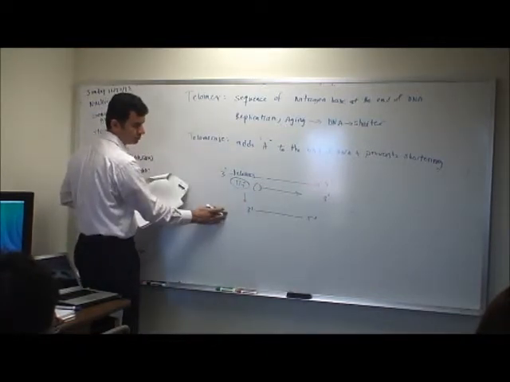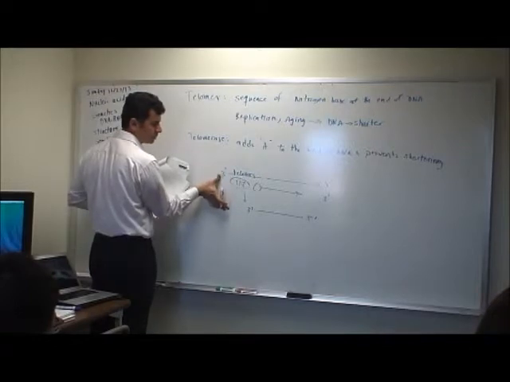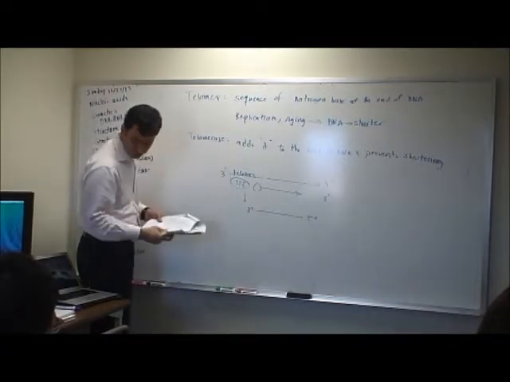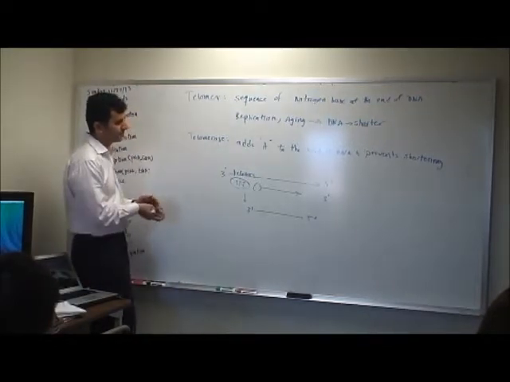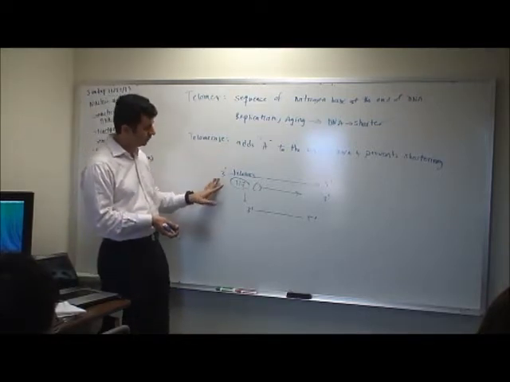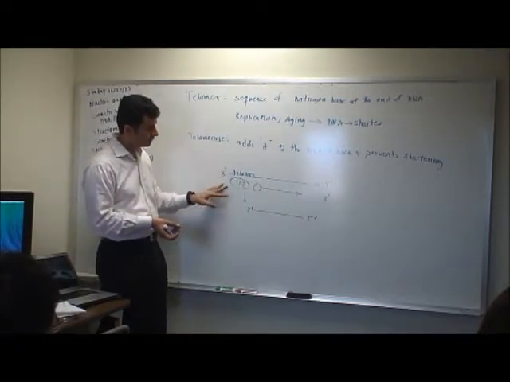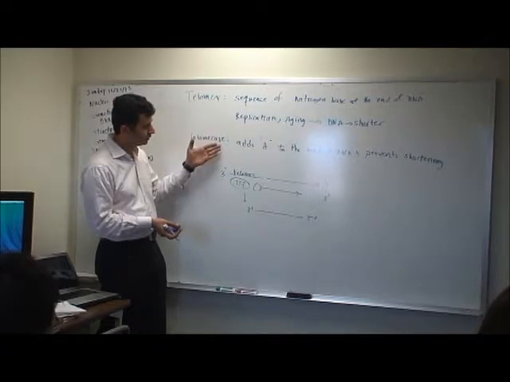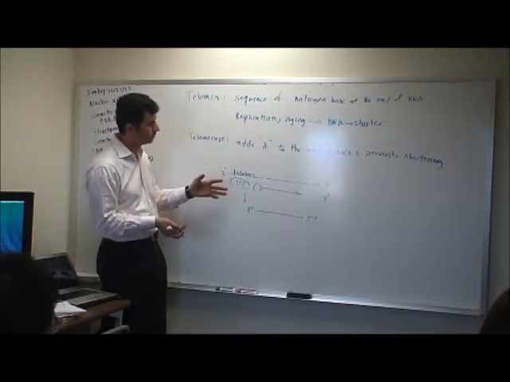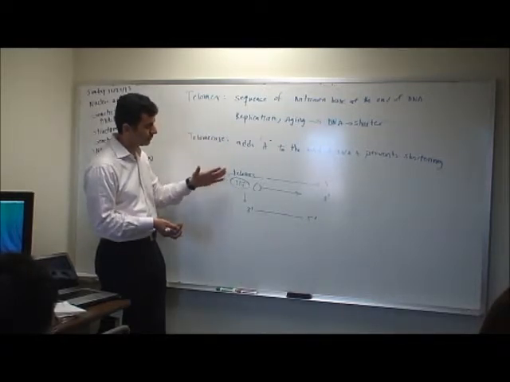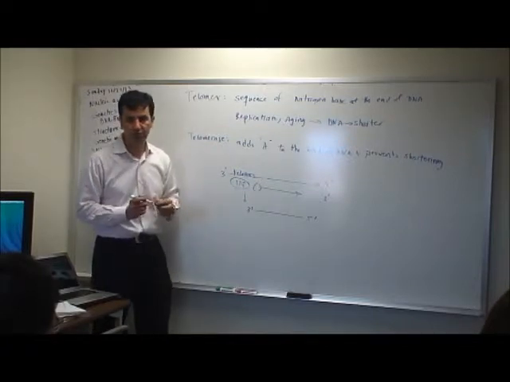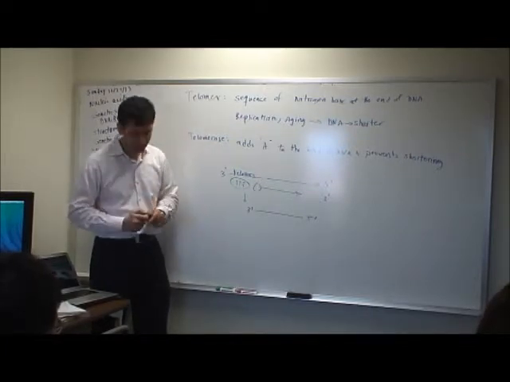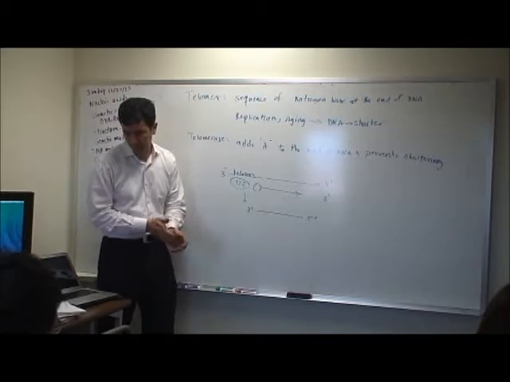I'll try to send you a better picture description. Just wanted to let you know the concept: telomerase adds A to the 3 prime end of DNA and prevents it from shortening. DNA degradation or shortening happens at every replication and through the aging process. Okay, so that's about the DNA, about the telomeres.